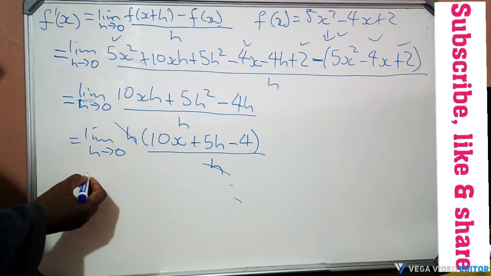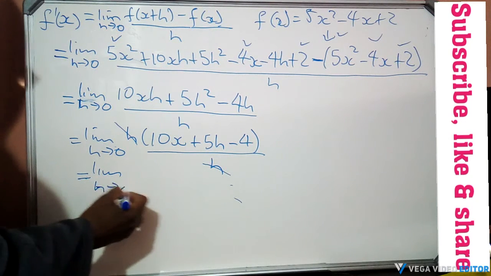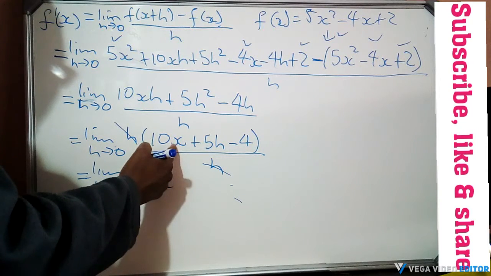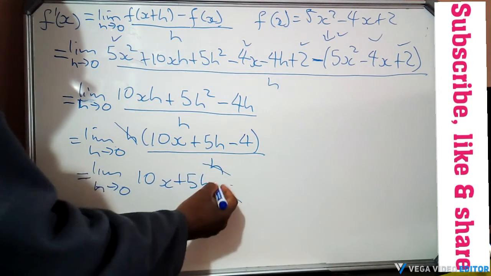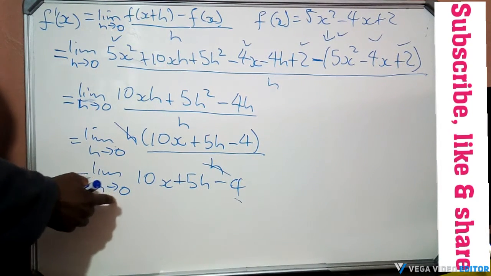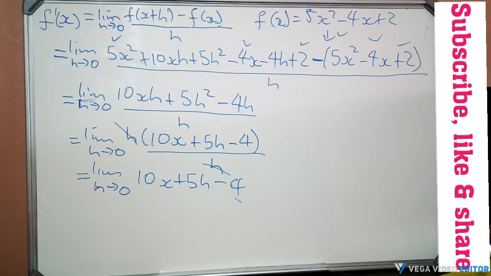What we have left is the limit with h approaching 0 of 10x plus 5h minus 4. Since h is approaching 0, we are getting rid of the impact of h there.